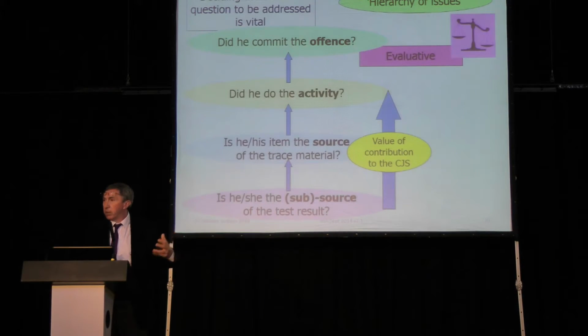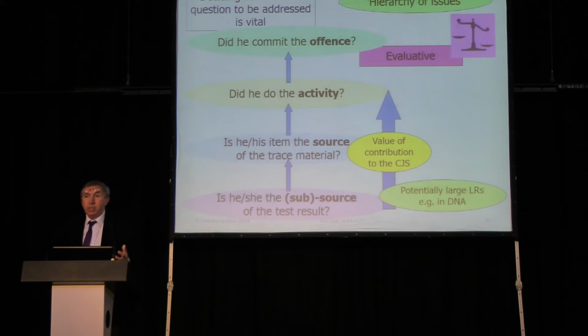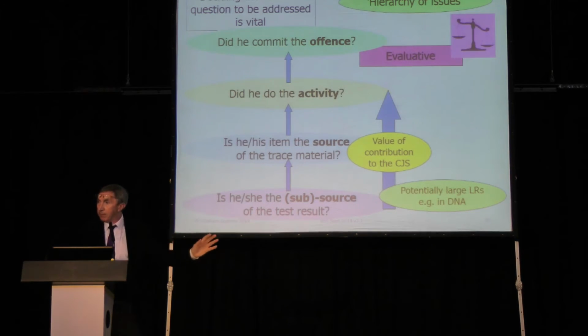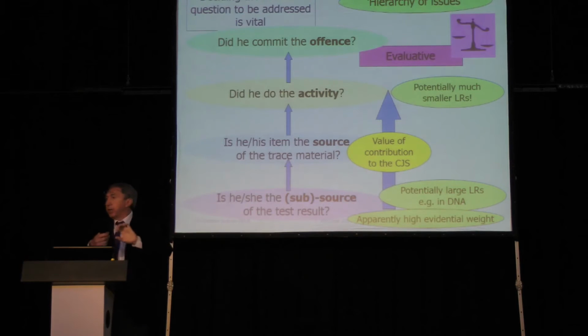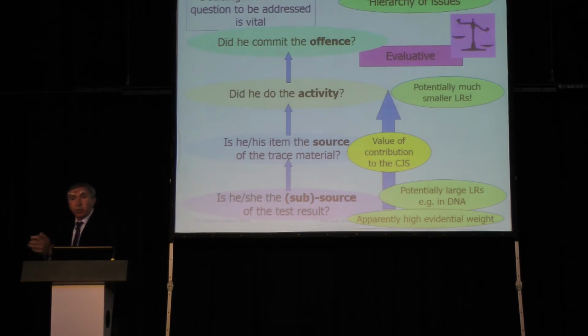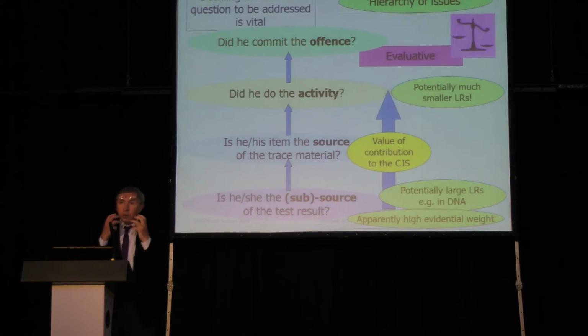And what we've found is that our value increases as we go up the hierarchy, but in many cases involving DNA, we get beautiful big likelihood ratios where we're thinking about the subsource of the DNA. But when we progress up to whether or not he committed an act, like whether he pulled the ligature tightly, or whether he had contact with this person in a certain way, or whether he wore the mask, then the evidential value potentially can have smaller numbers involved, smaller likelihood ratios.